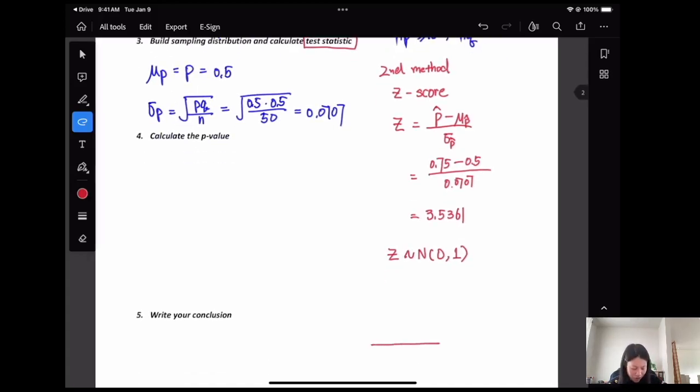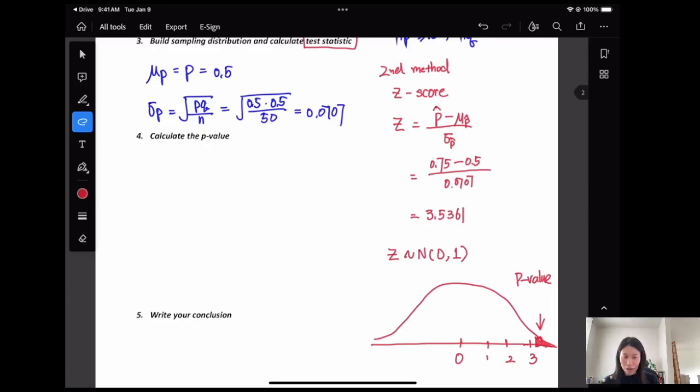If you have the z-score normal distribution on your GeoGebra, it should look like 0, 1, 2, 3, and your z-score is 3.536, something outside of 3 standard deviations. So this is going to be your p-value if you use the test statistic.